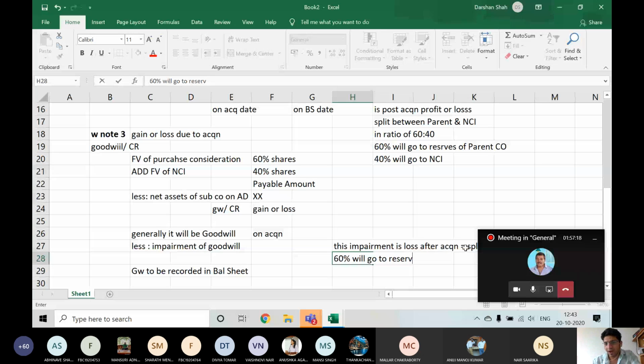Okay, पर ये 5,000 जो less किया है, उसको क्या करना पड़ेगा? This is a loss.